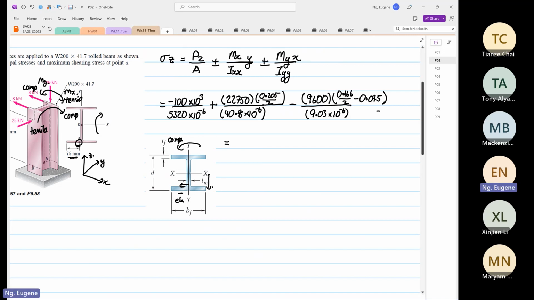So it's equal to 100 power 3, 18.797 times 10 to the power 6, plus 57.154 times 10 to the power 6, and then minus, divided by 9.03, 8.505.